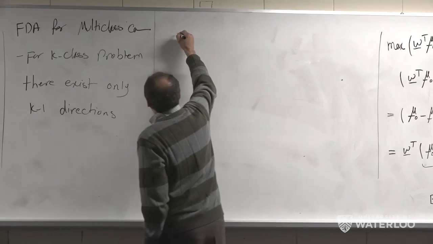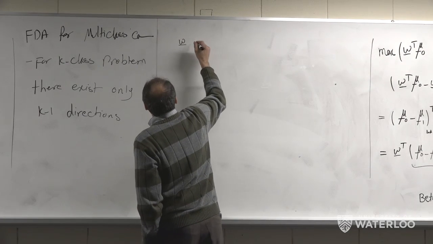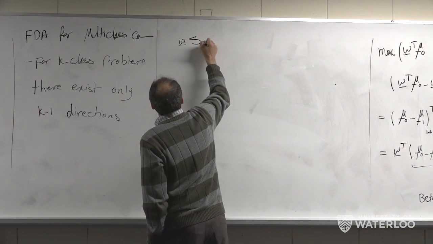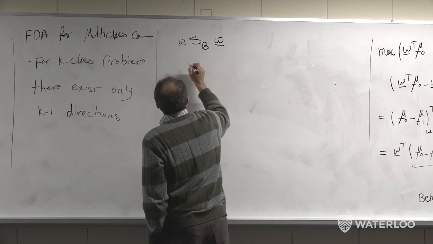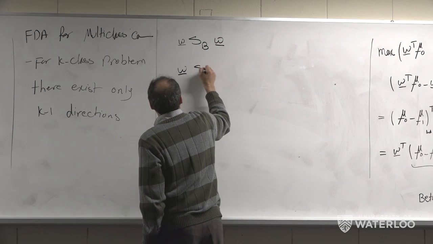In the two-class problems, that was a vector, and I had this quantity, and I had this quantity.